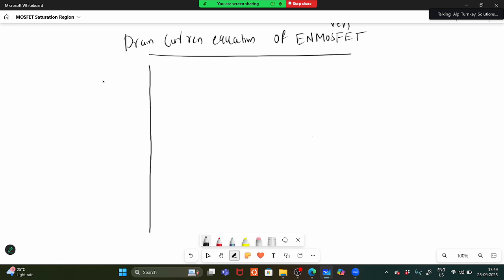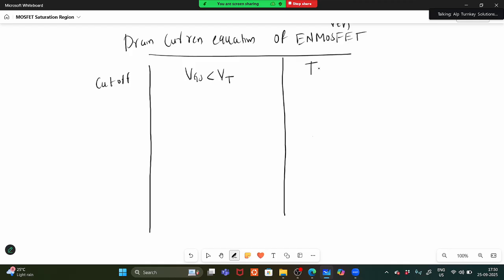What is the first region? Cutoff region. The condition for cutoff region is VGS less than VT. In the cutoff region, is there any drain current? No. IDS equal to 0.